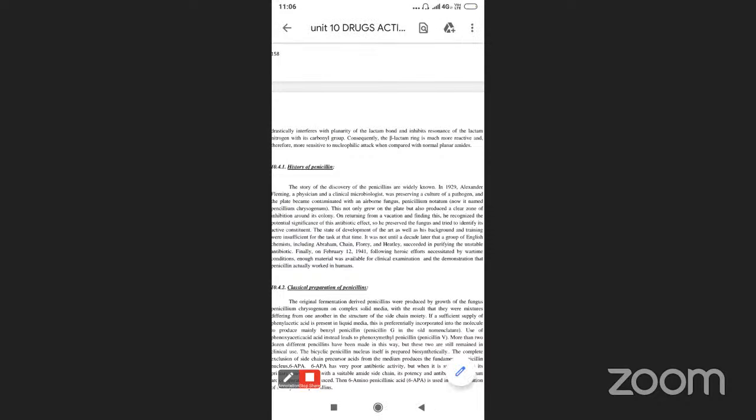After a few days or months, he remembered it, and when he saw the culture plate, he observed some fungus formation in the middle of the plate. Everywhere else he observed bacterial growth, but there was no growth of bacteria in the middle.